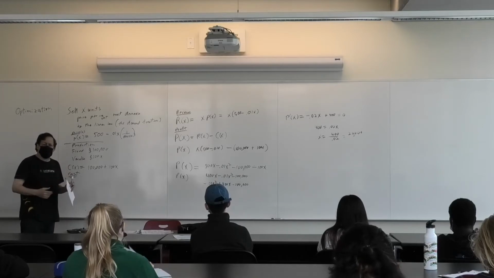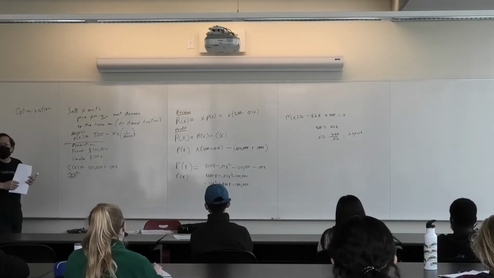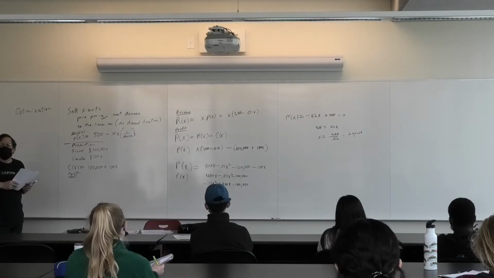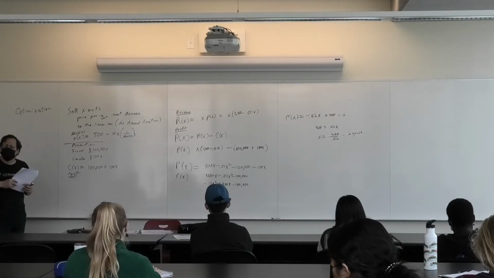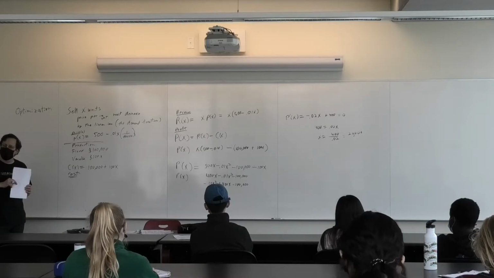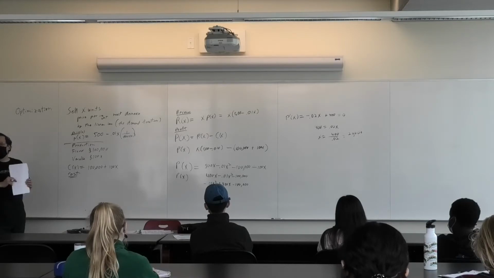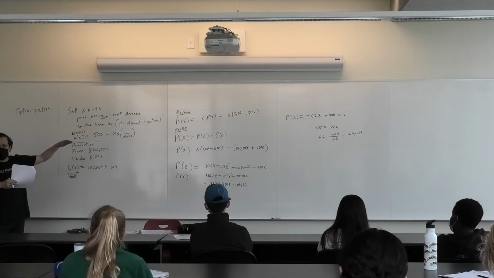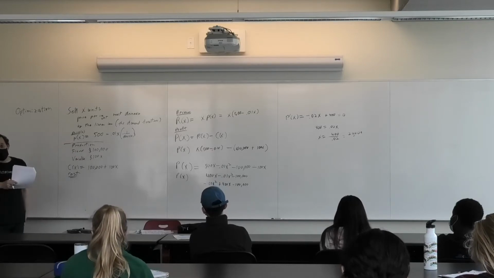Questions about this example? Yes. How do you know that's not the minimum and that's the maximum? Excellent question. How do we find out if that critical point is a minimum or a maximum? I didn't do that, did I?